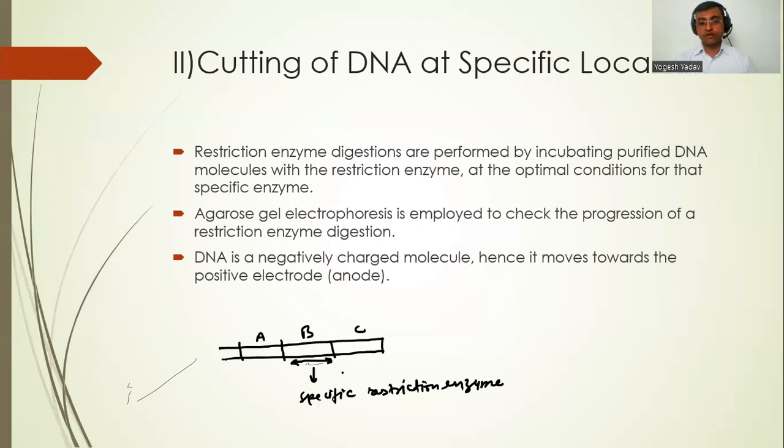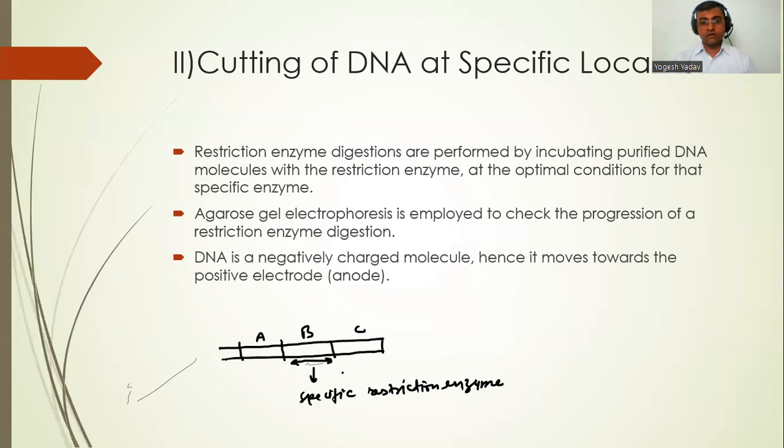Then, to know whether we have got our desired specific gene, we use gel electrophoresis to separate out that specific DNA segment.